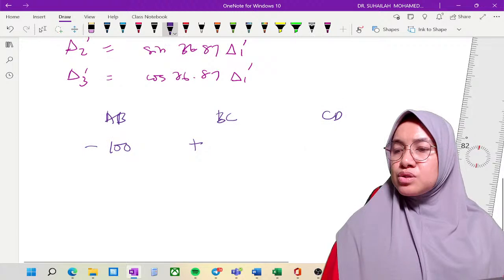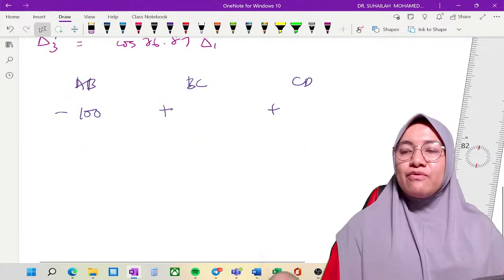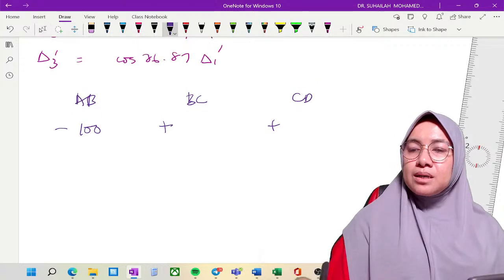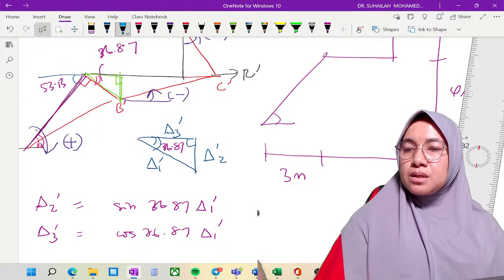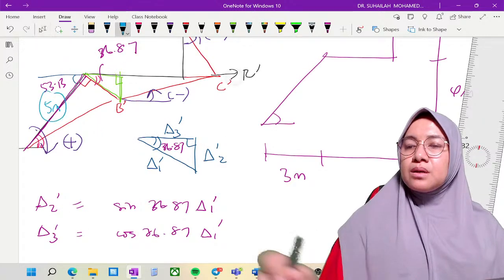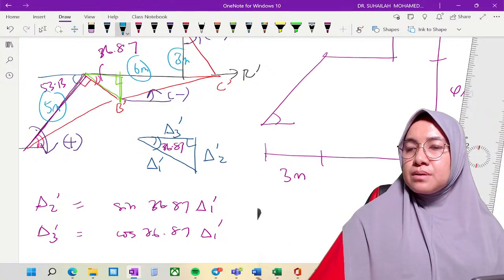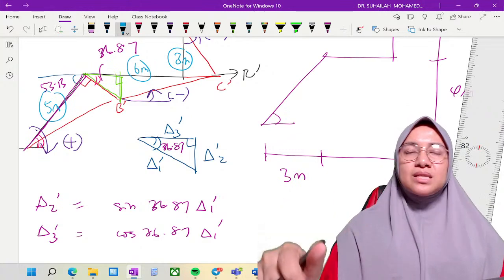So we apply the formula. Let's say this is 5 meter, this is 6 meter, and this is 3 meter.